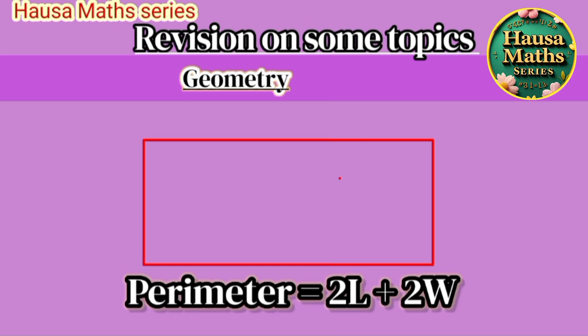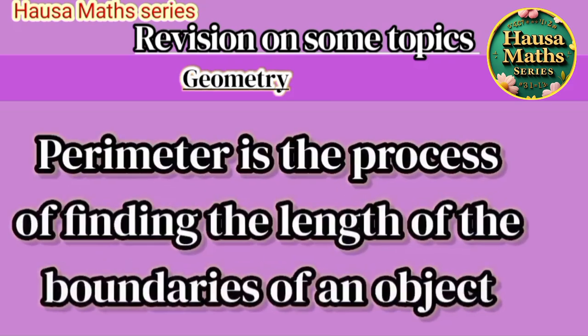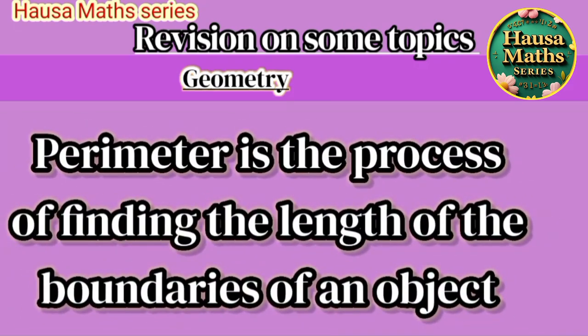And the same thing with any distance. So in a simple process, it means the process of finding the length of the boundary of an object. If you find the length of the boundary of an object, you get its perimeter.